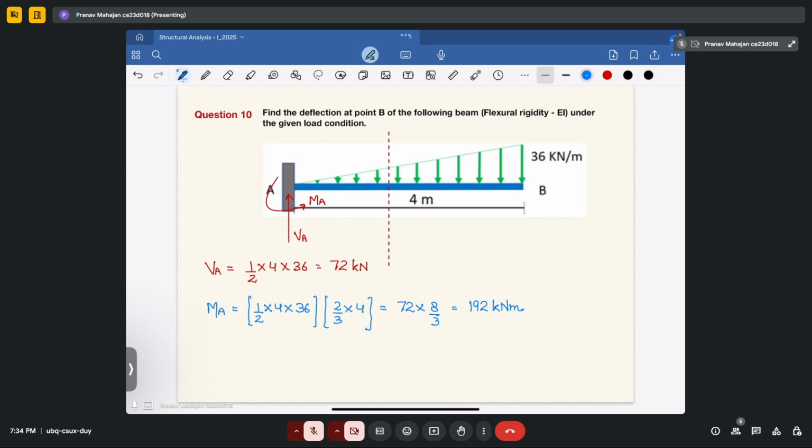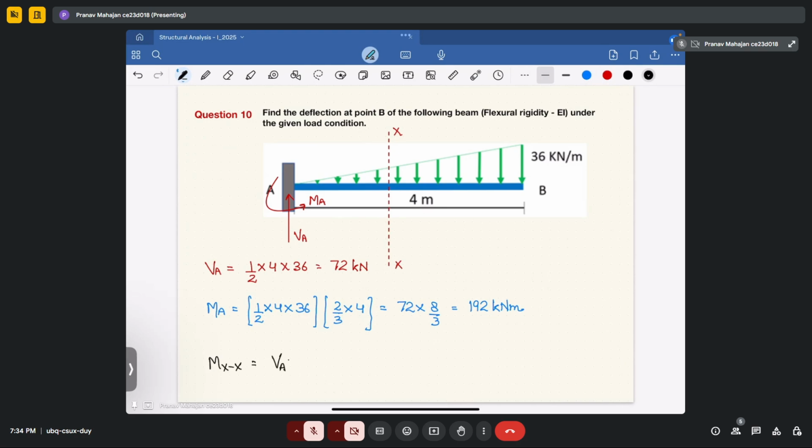Now, if at any section XX, you have to find the moment, how you will determine? So moment at XX will be equal to, plotwise moment should be taken as positive.